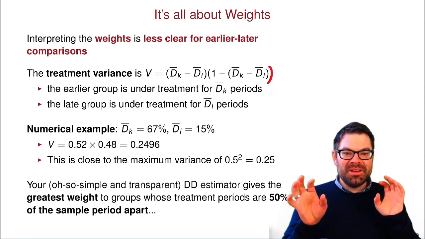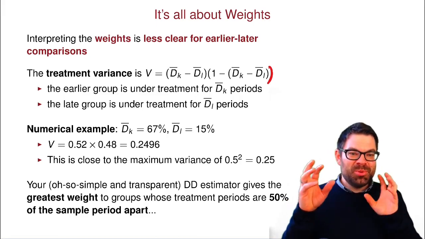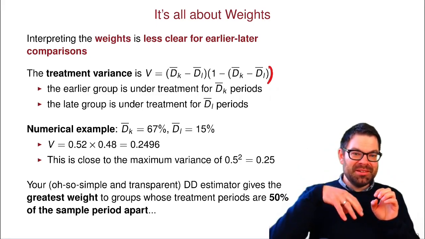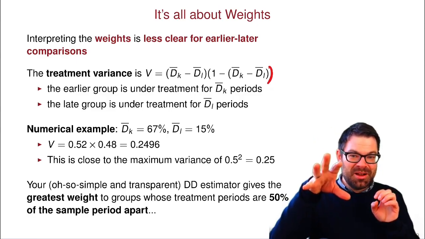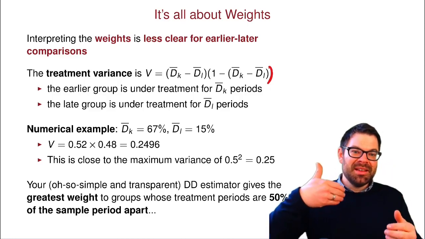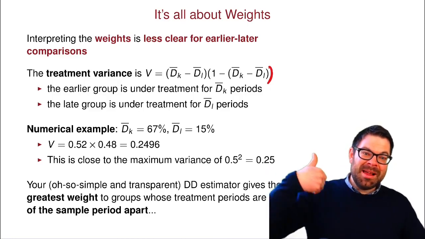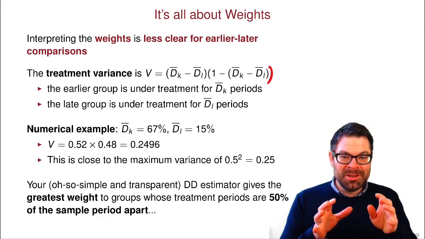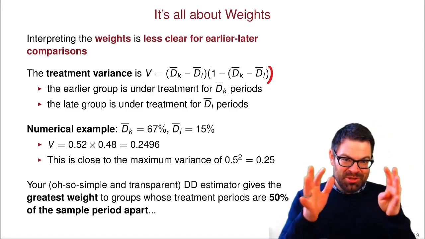And it turns out it's something like 50% of the sample period. So if I choose the late adopter being treated at 67% of the sample and the early adopter at 15%, or vice versa, 67% of time to go, that's the early adopter, 15% of time to go, that's the late adopter, then I get a variance of 0.25.